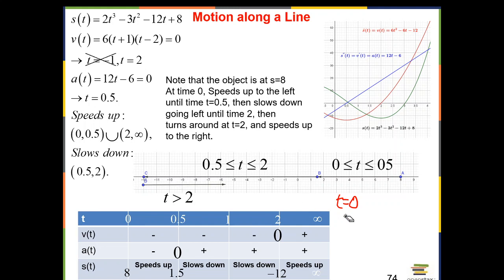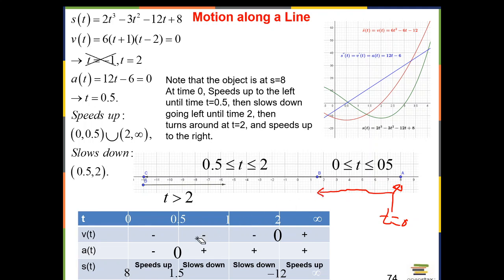So at t equal to 0, the object is 8 units from the 0, right? And what does the object do at 0? Well, the velocity of it would be negative, so it's going to go to the left. And it's going to continue going to the left, right?